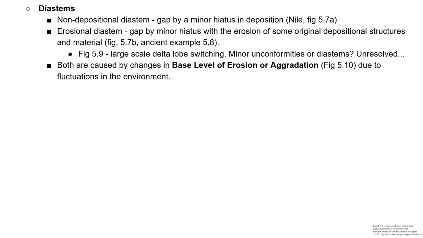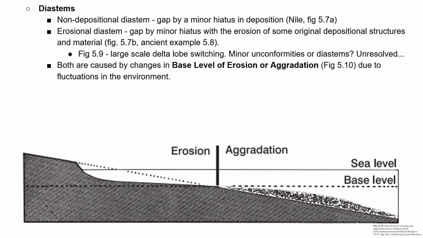But both of these types of diastems are caused by what we call base level of erosion and or aggradation. And this is because of fluctuations in environments. So here's figure 5.10 from your textbook, where you're seeing where we go from base level of erosion to aggradation.